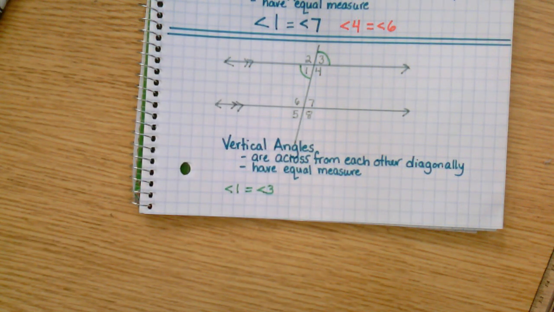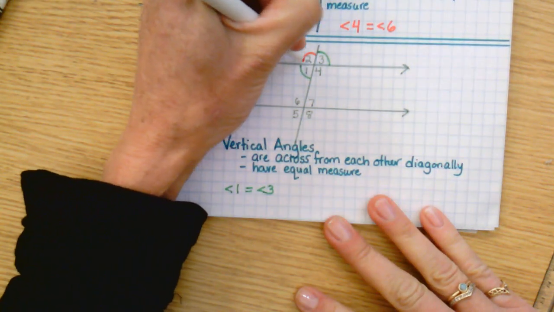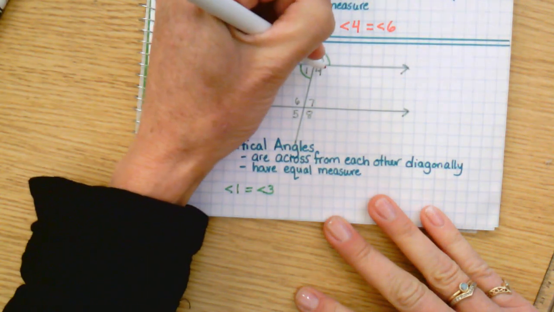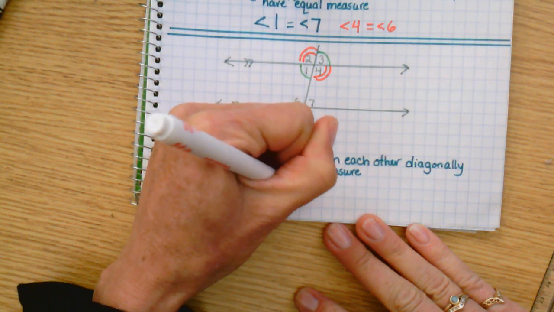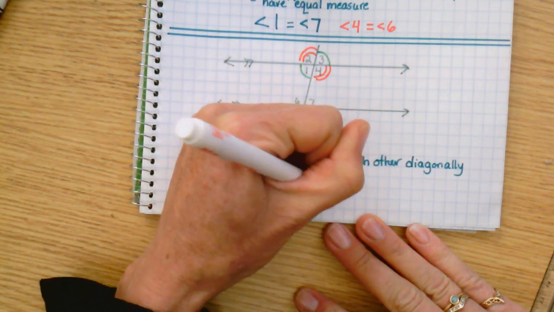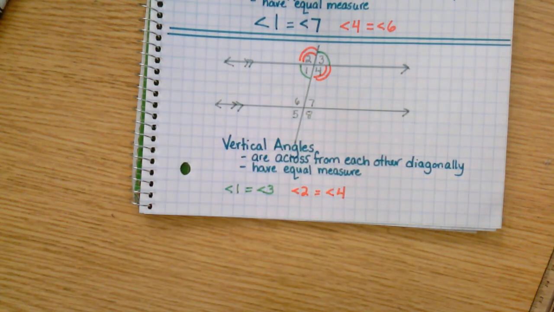Okay. And likewise, angle 2 is a vertical angle to angle 4. That means angle 2 has equal measure to angle 4. Take a moment and see if you can identify the other two pairs of vertical angles in this diagram.